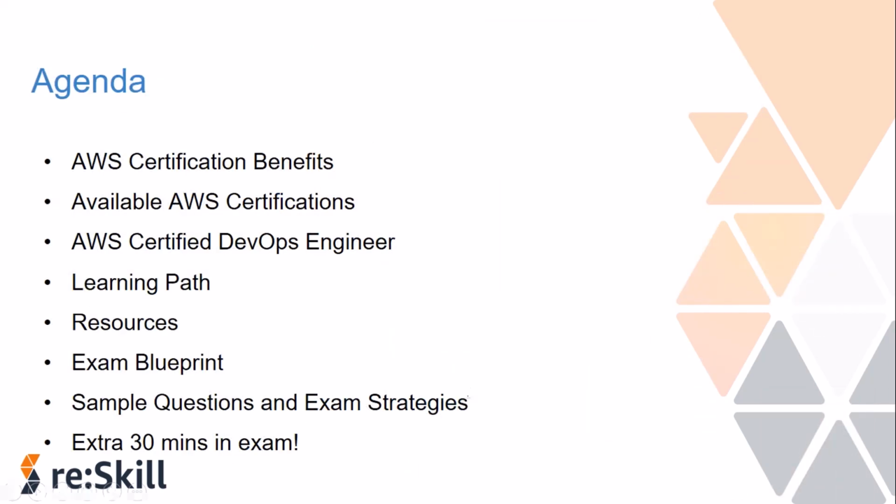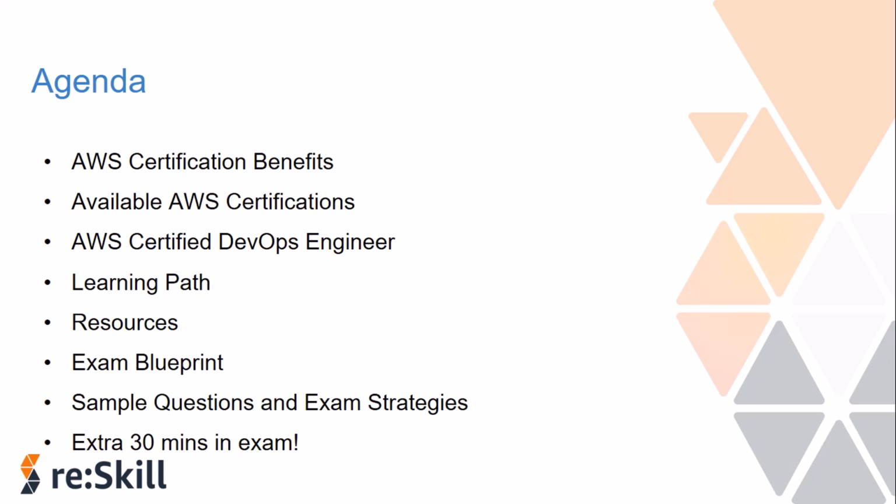And what will be the agenda for today's video? It's going to look like this. We'll start by discussing a few benefits of getting AWS certified, and we'll see what AWS certifications are available which you can choose from, and we'll focus on the AWS Certified DevOps Engineer exam.